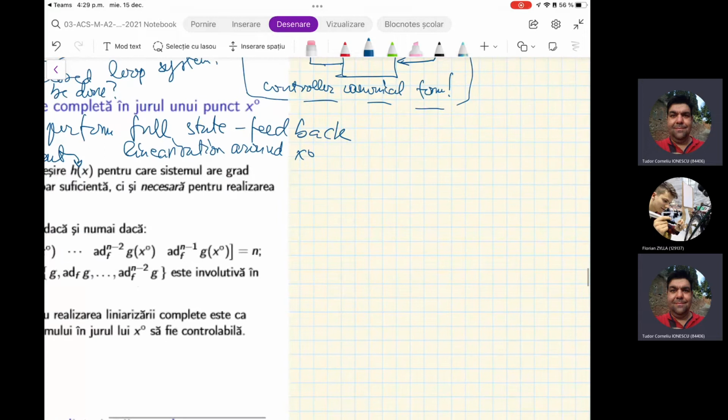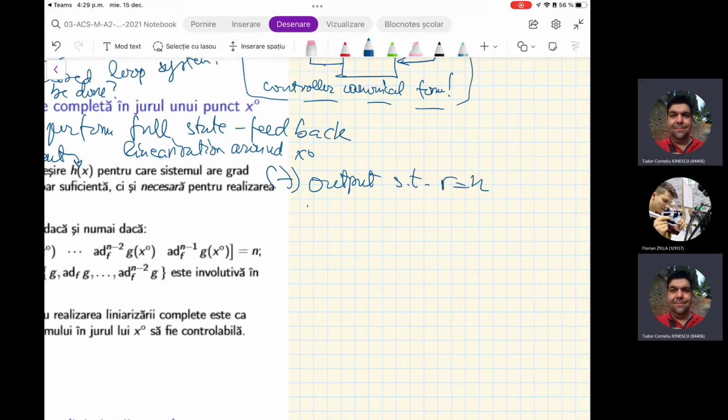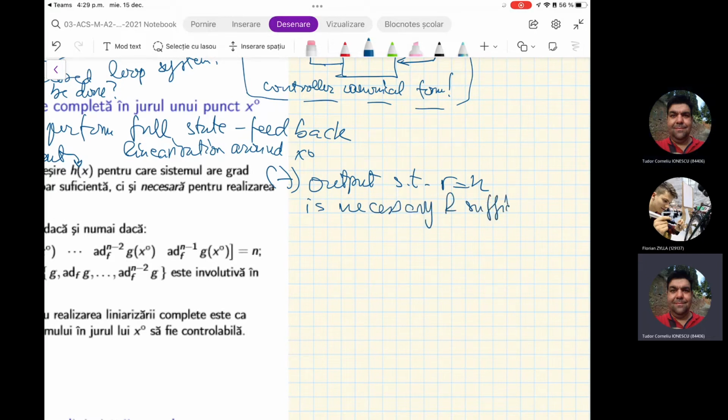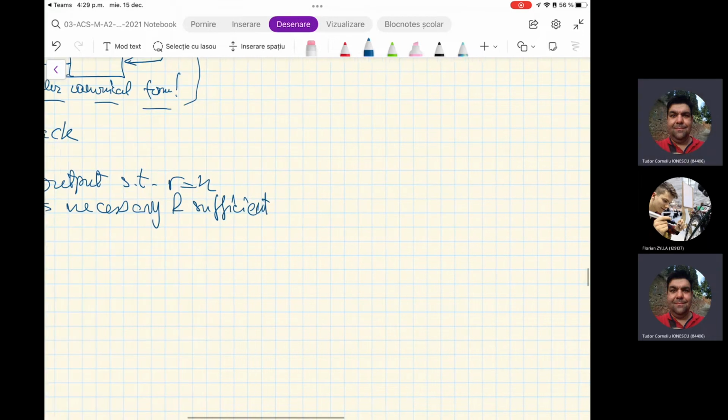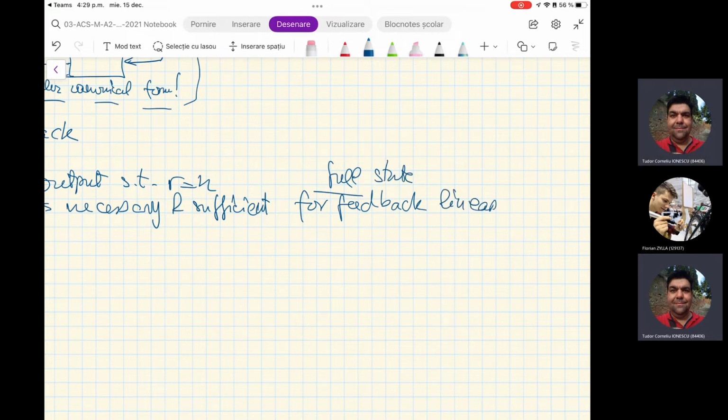The existence of the output such that r equal to n is necessary and sufficient for full state feedback linearization.